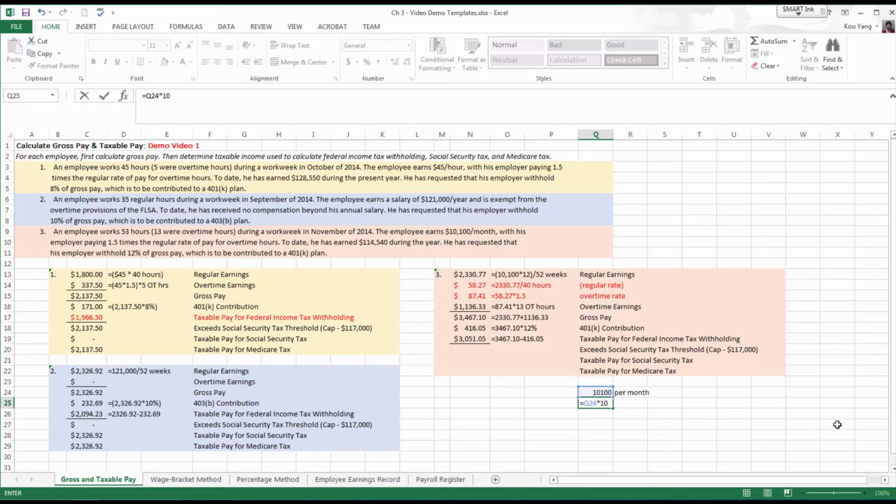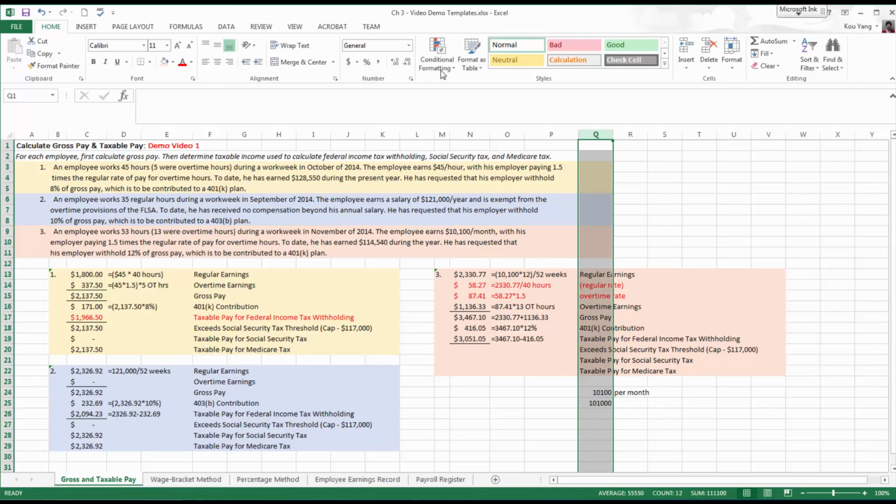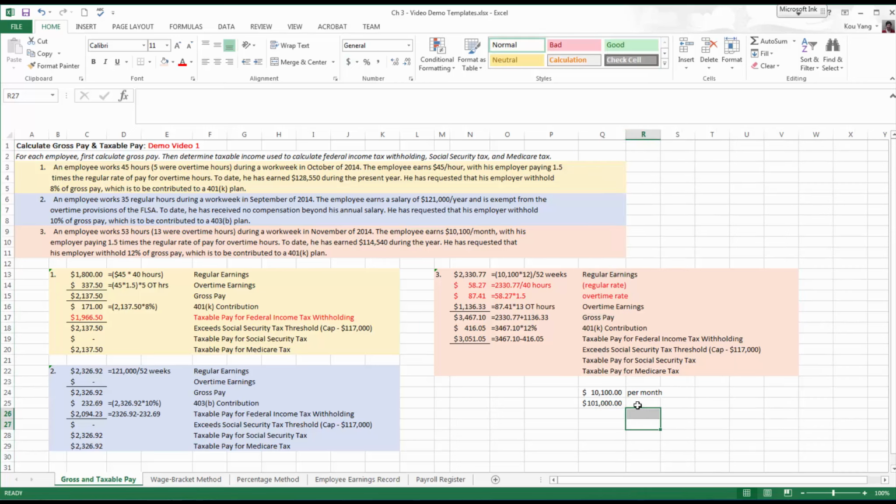So I'm going to multiply by 10 months, okay? Or up to, because right now our calculation here is as of November. So if I calculate up to October, the last month, he has only made $101,000 as of October.